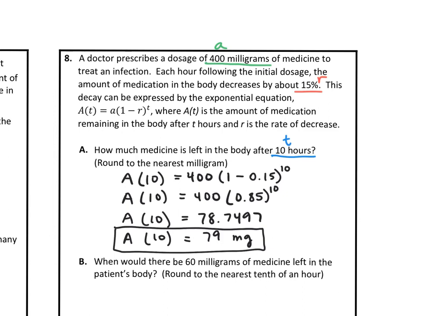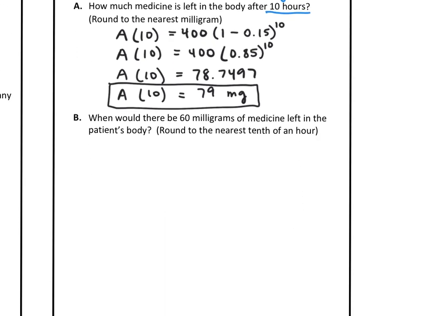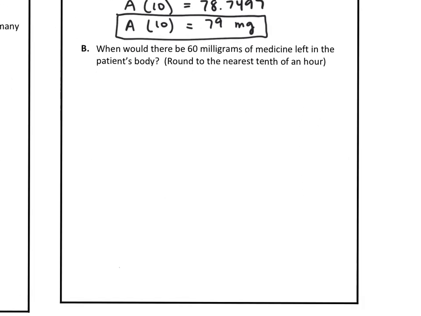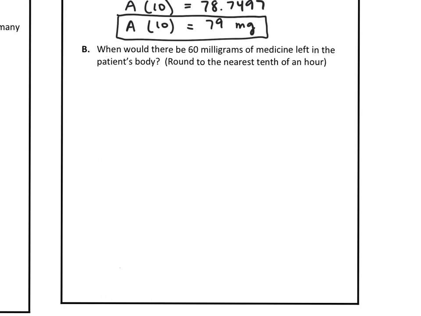Okay, let's finish it off with part B. Part B is asking, when would there be 60 milligrams of medicine left in the patient's body? So when it's asking for when, it's asking for a time.